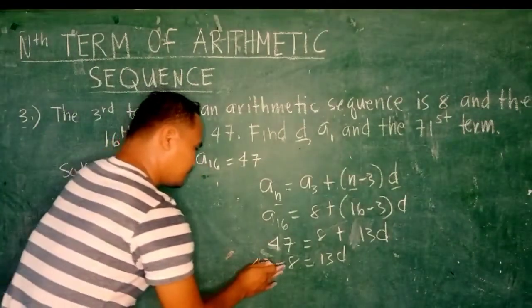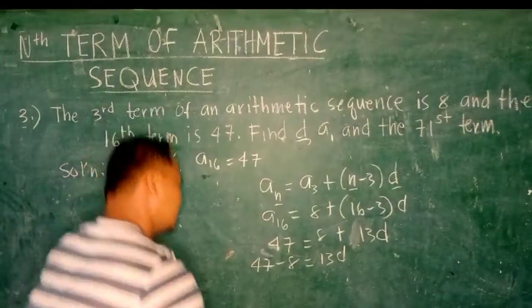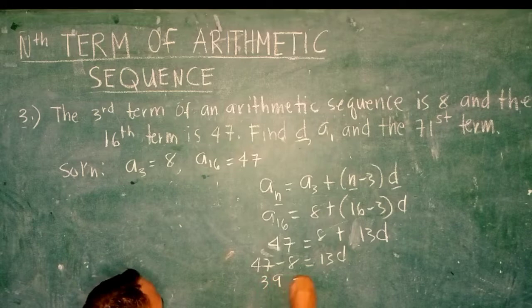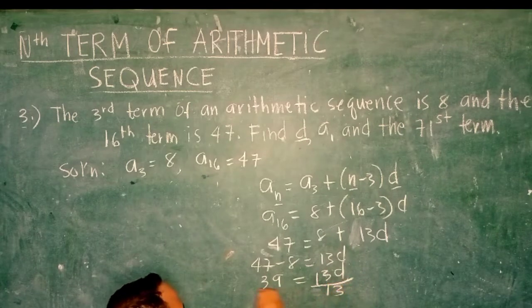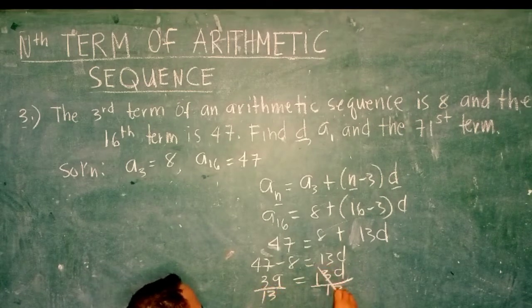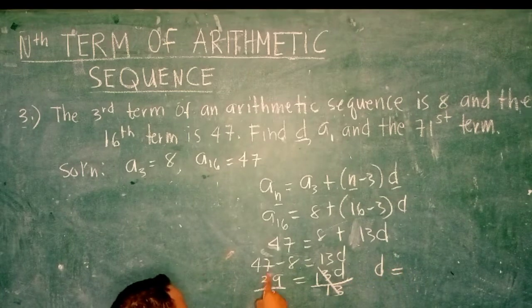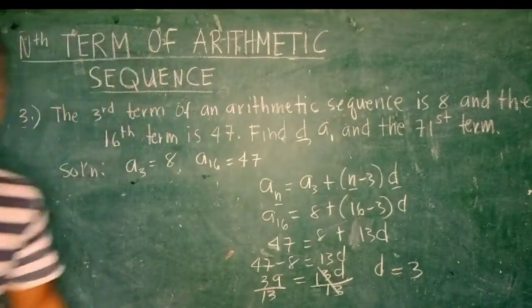So, 47 minus 8, that is 39 equals 13d. Okay. Since we are solving for d, divide both sides by 13, so our common difference here, 39 divided by 13 is 3. That is our common difference.